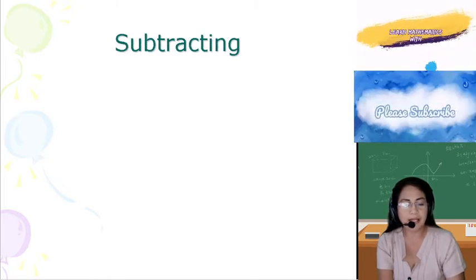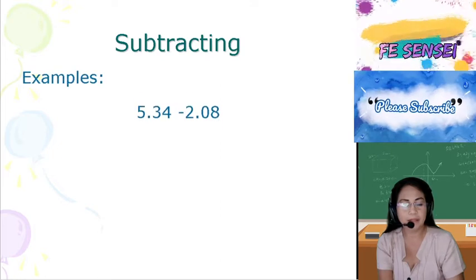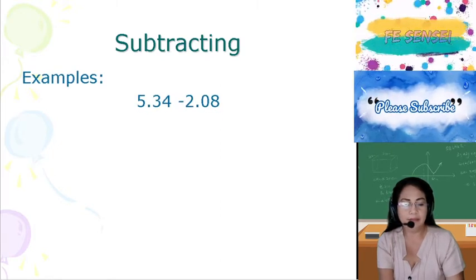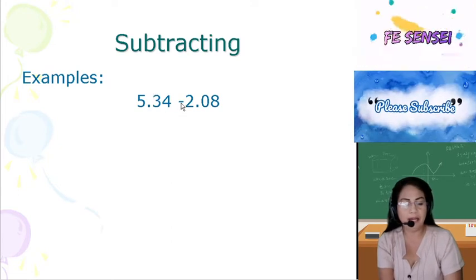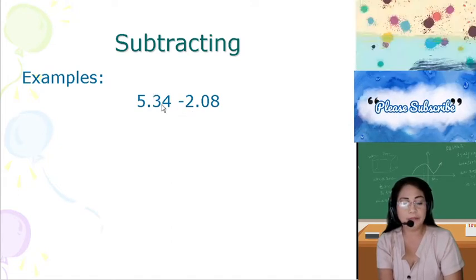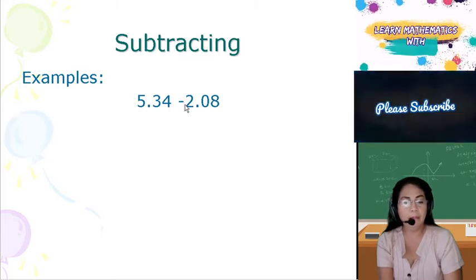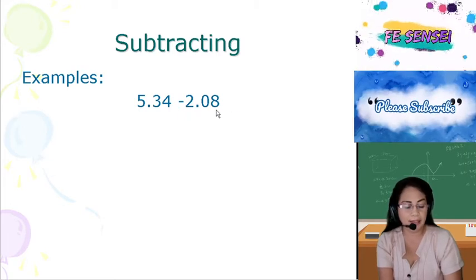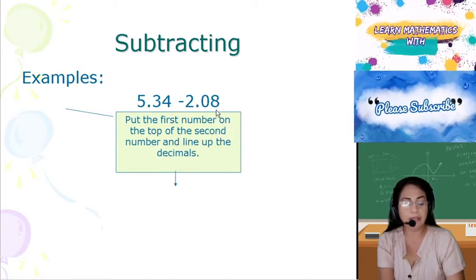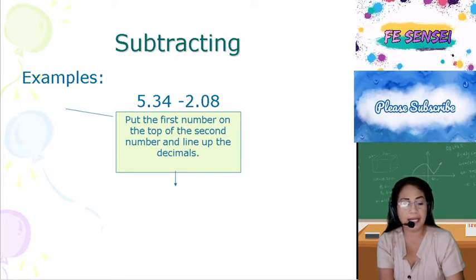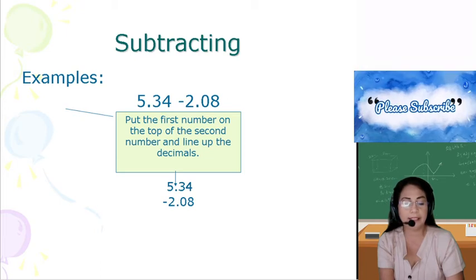In subtracting, let's have this example. 5 and 34 hundredths minus 2 and 8 hundredths. Put the first number on top of the second number and line up the decimals.